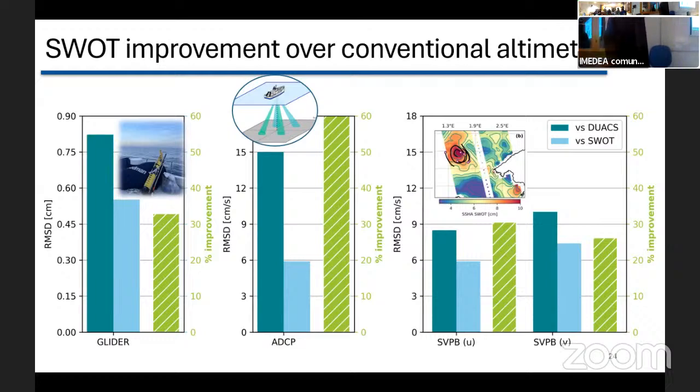So in all the instruments, we can see an improvement of SWOT. In the glider dynamic height estimation, it's more than 30% improvement. In the ADCP cross-section velocities, it's 60% improvement of SWOT compared to DUACS. And in the drifter velocities, for the two components, meridional and zonal, we also have an improvement between 20 and 30%.